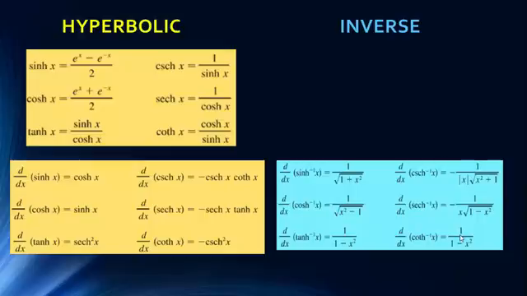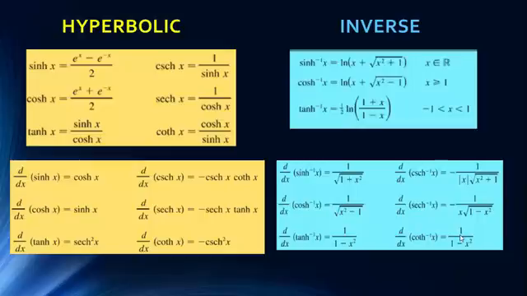So there were a lot of formulas that you needed to know here. The hyperbolic functions, by definition, what their values are. Remember, again, you only need to know the sine and cosine. And then you need to know all the derivatives for the hyperbolic functions. You need to know the definition of what an inverse hyperbolic sine is in terms of the logarithm, inverse hyperbolic cosine, and also inverse hyperbolic tangent, and then also know the derivatives of all of those pieces.